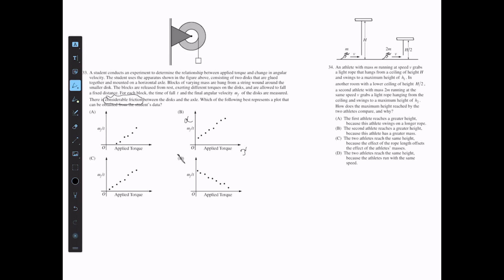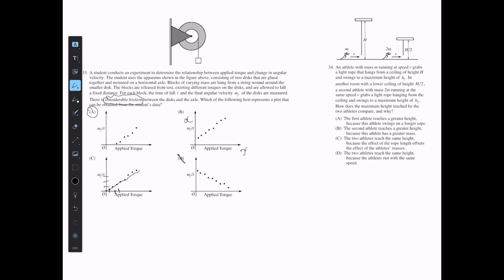So A is the answer. It's not C because it starts at the origin. So that means, if you apply, say, this amount of torque, it just goes like that. But in reality, you need to apply enough torque to overcome friction in order to start rotating the thing.